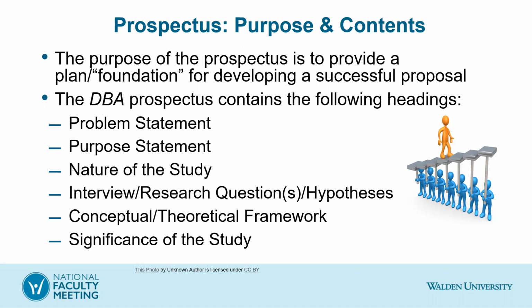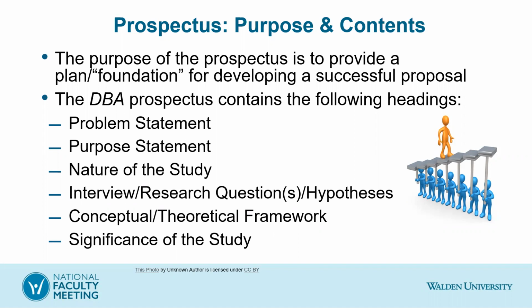The DBA prospectus contains the following principal headings. As you see there, what's the nature of the problem? Why is it important? What, in the purpose statement, are we going to do about addressing the problem?